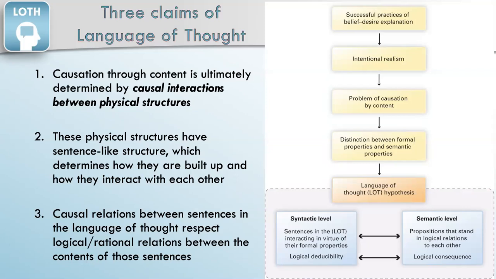So these physical structures have that kind of structure, which means they can be added together in an algorithmic way. And that means the relationship between these, quote, sentence-like items in your language of thought.